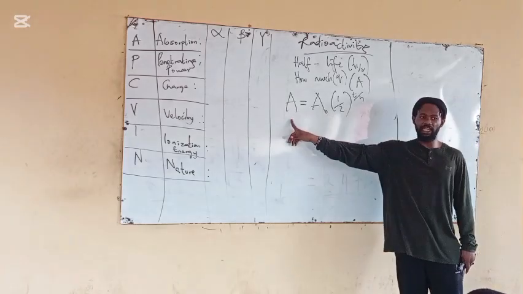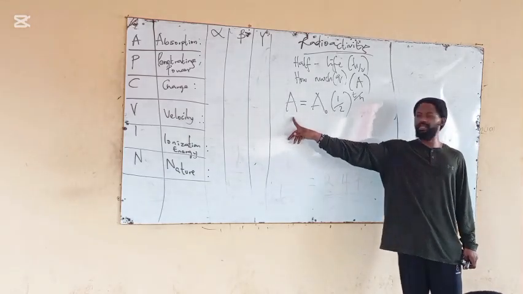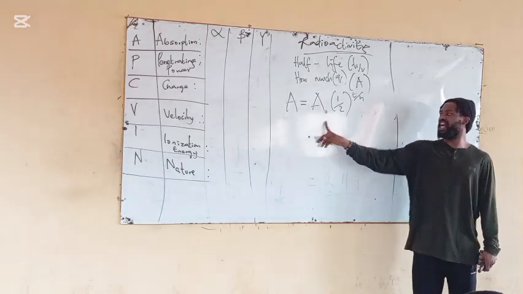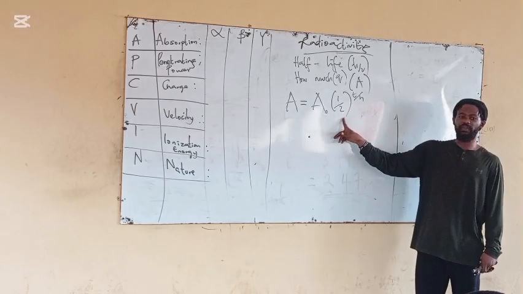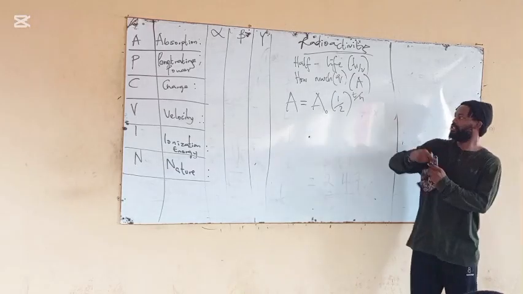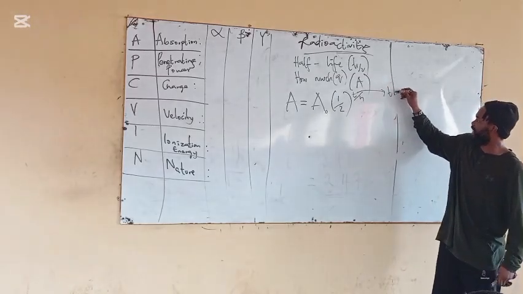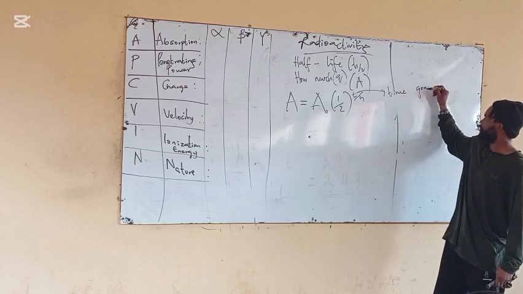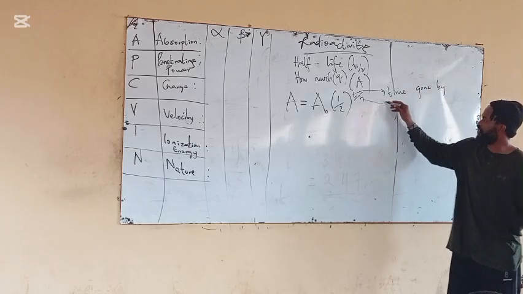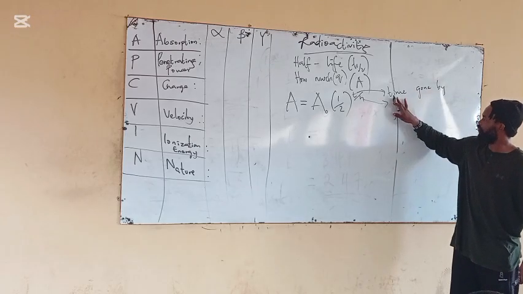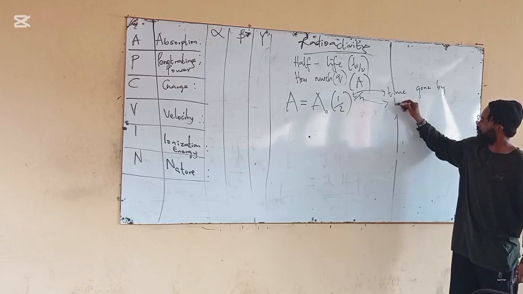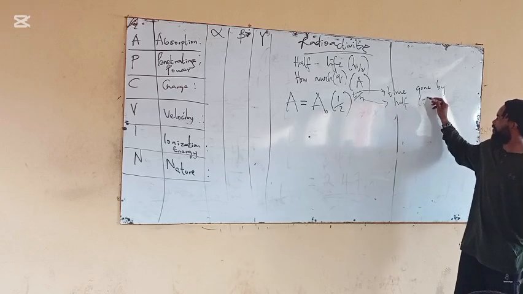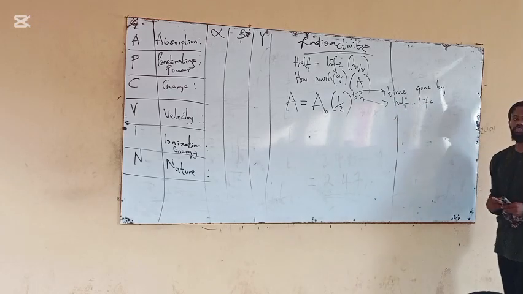A stands for amount remaining, A0 stands for initial amount, then times half raised to time gone by. This T stands for time gone by, and this one stands for the half-life, the time for half-life. So you need to note this.